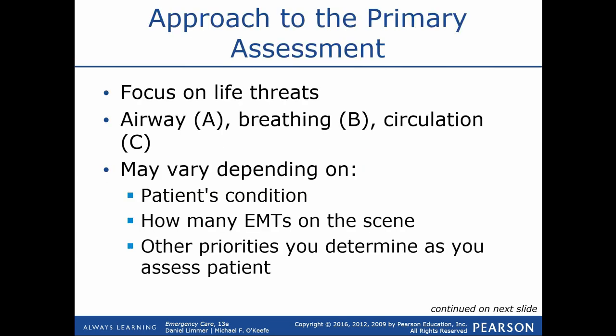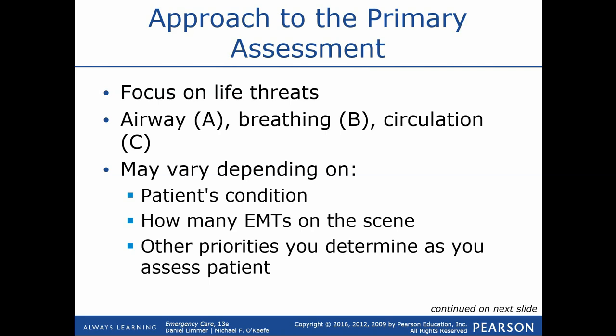So looking at the primary assessment, there are a few different priorities that we are trying to accomplish here. The biggest of which obviously is the focus on life threats. And those life threats are something that would dictate us actually stopping our assessment and working to adjust them. So throughout our patient assessment, we're going to identify lots of potential things that could be wrong, many contributing or underlying factors to the patient's condition.